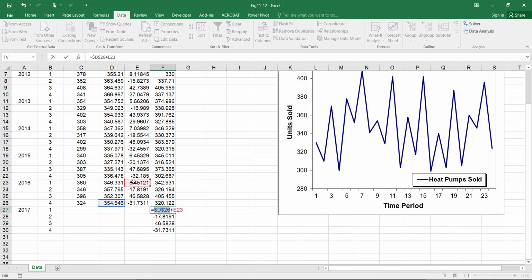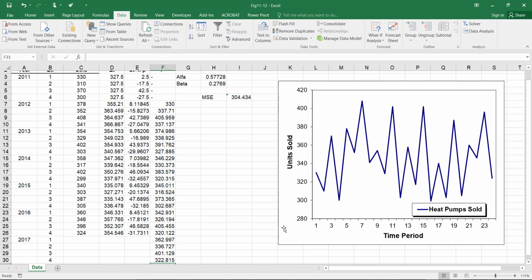For the second time period it is this value plus the seasonal effect of this value, as the equation says, and for this value we have the ET and this value, and then for the last one we have the seasonal effect plus the expected level. So this is the value that we have.